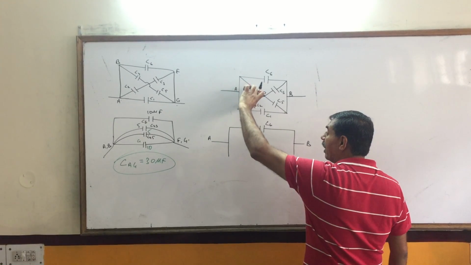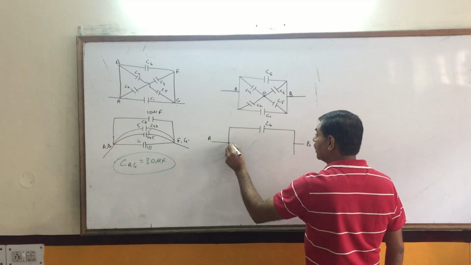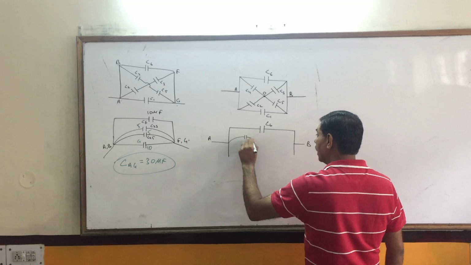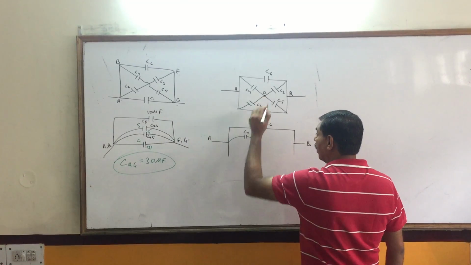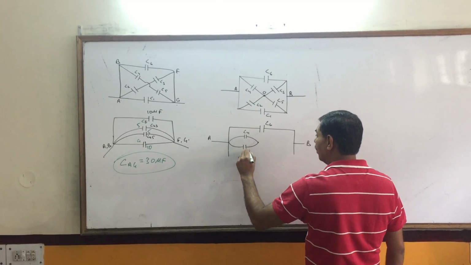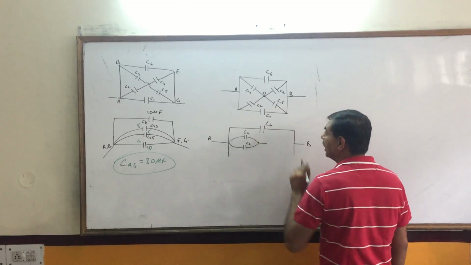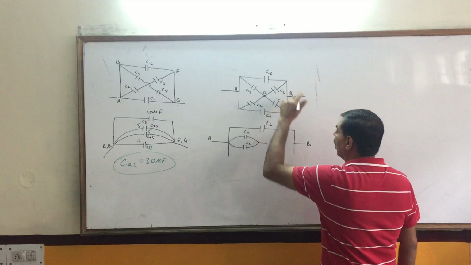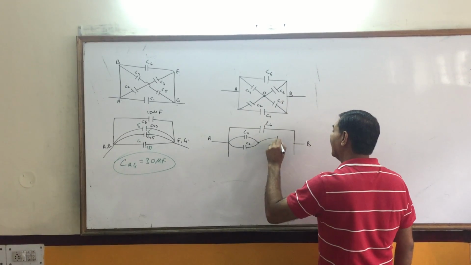Thus C4 and C2 are in parallel, because between A and O one capacitor is connected, C4, and on this side between A and O another, C2. And then from here it starts again, connected between O and B. You can do it from here only if you want, it's beautiful.